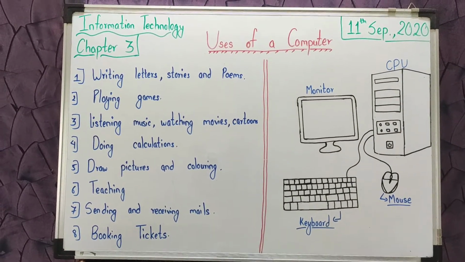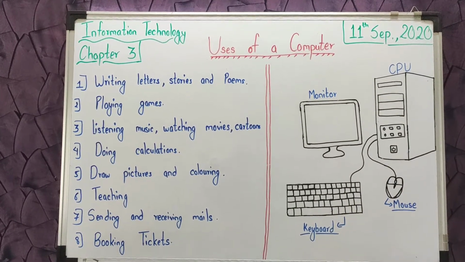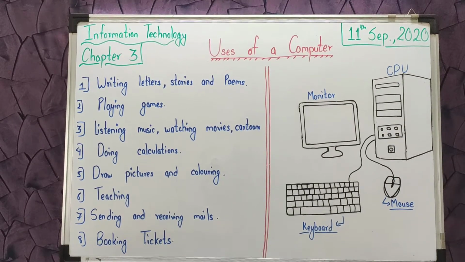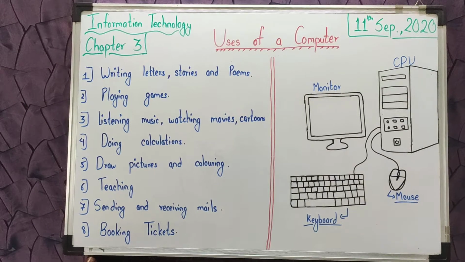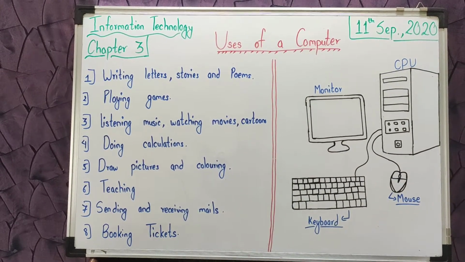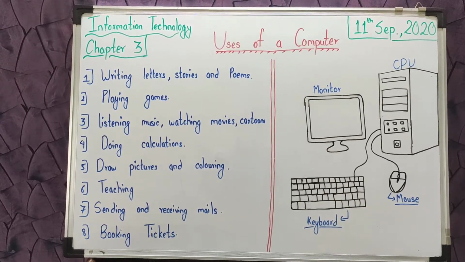And what are other parts? Other helping parts are printer, scanner, speakers, microphone, modem, UPS, right? And what are the storage devices? They are pen drives, CDs and DVDs.